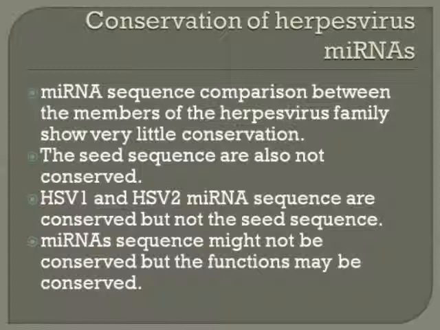The authors conclude by saying that the microRNA sequence might not be conserved, but the functions of the microRNAs may be conserved, because each microRNA can bind to the same target but in different sites. So the sequence might not be the same for all the sites.